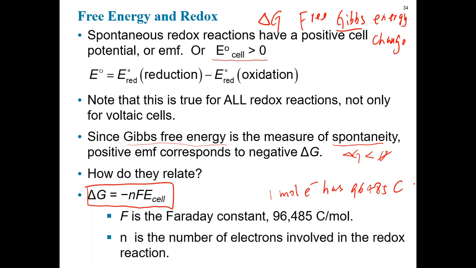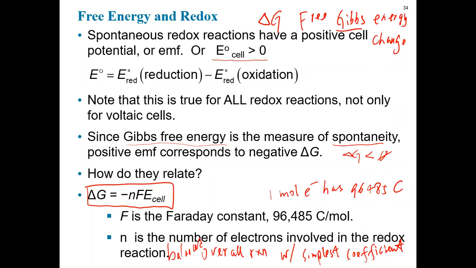So what is n? Well, n is the number of electrons involved in the reduction reaction in the overall reaction, or you can say the balanced overall equation with the simplest coefficients.